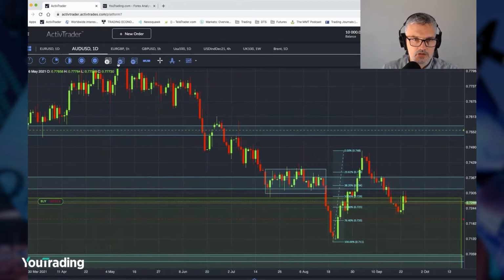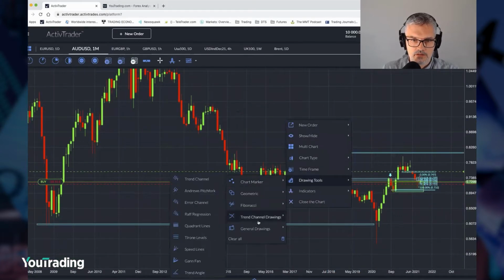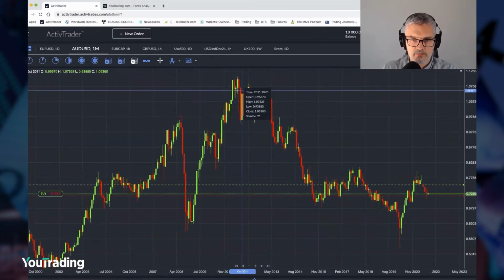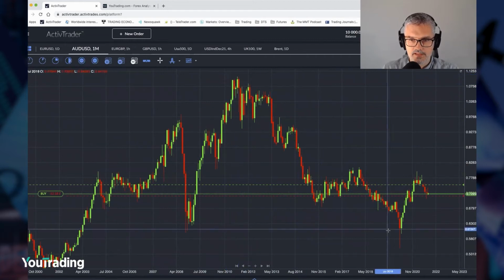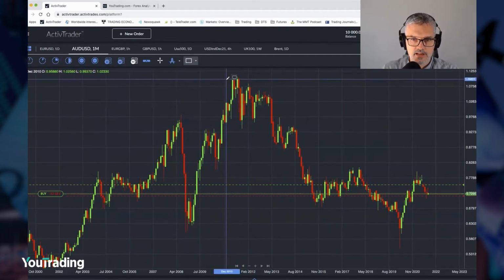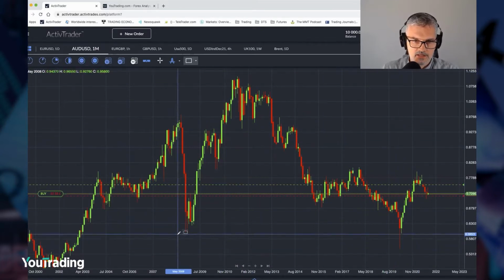And if we look to, say, the monthly chart, I'll just clear all this off. All right, so 2011, commodity boom, then we had a big sell-off. So big sell-off from 2011 all the way down to March 2020, which was the COVID crisis.